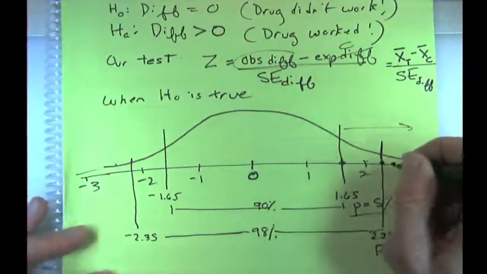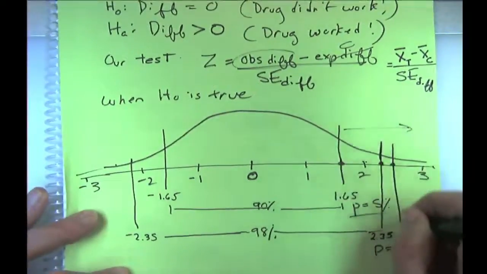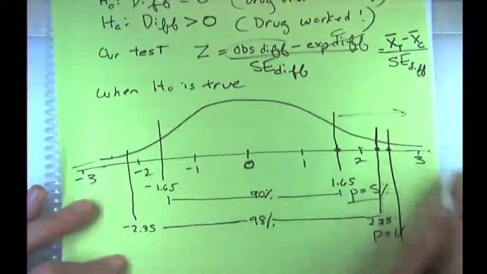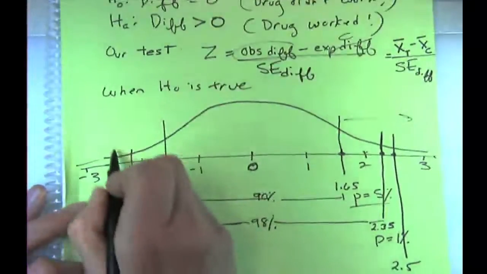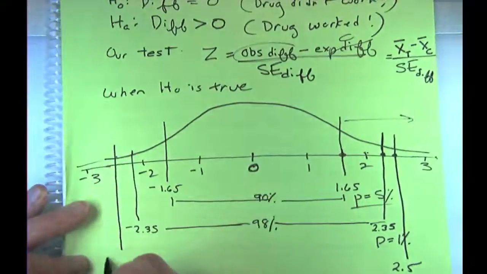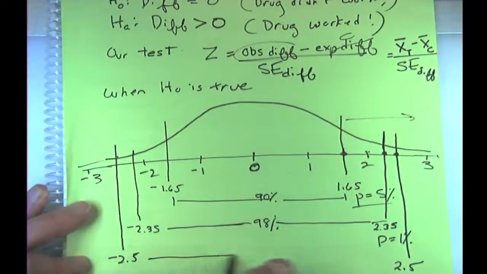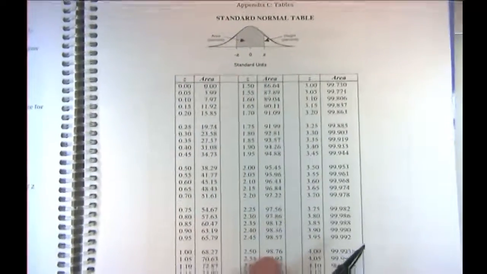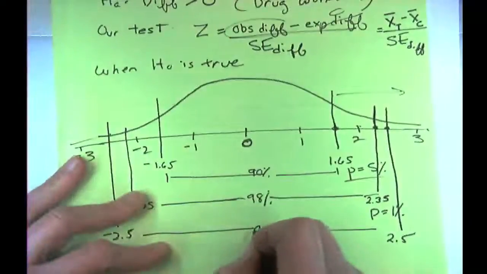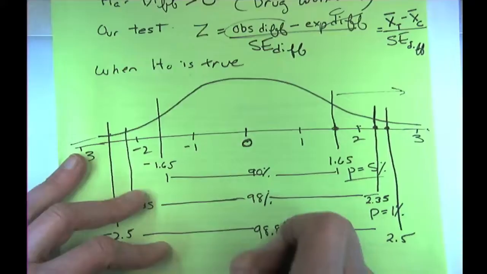And what about these people here? What did you choose? You wanted even more evidence to reject the null. And this is 2.5, so between 2.5 and negative 2.5, what percent do we have here? Oops. Between 2.5 and negative 2.5. We have 98.76. So let's just round it to 98.8%.